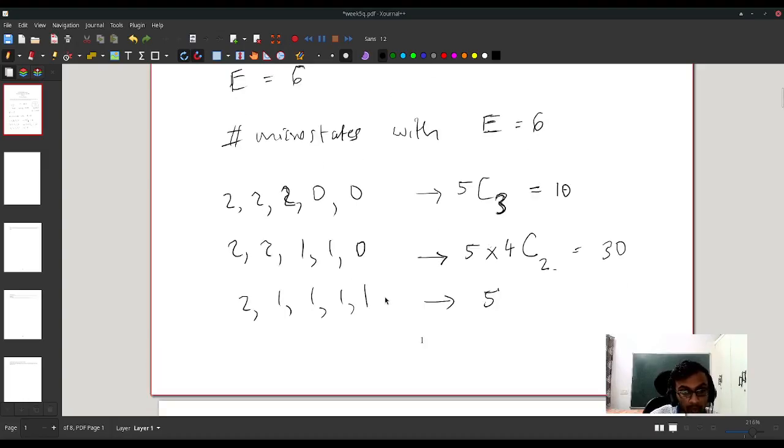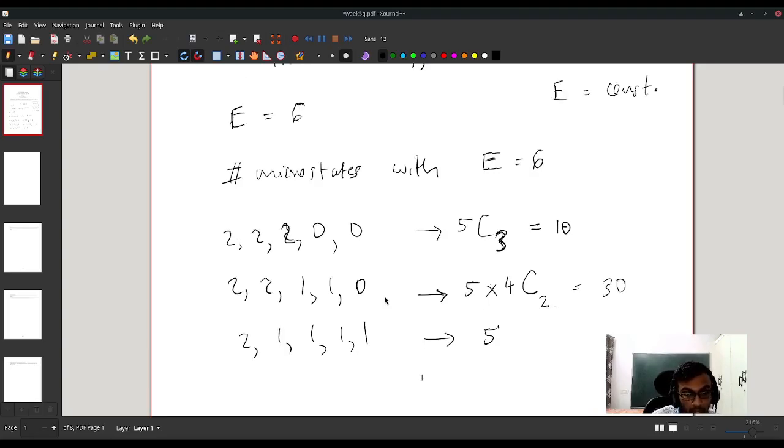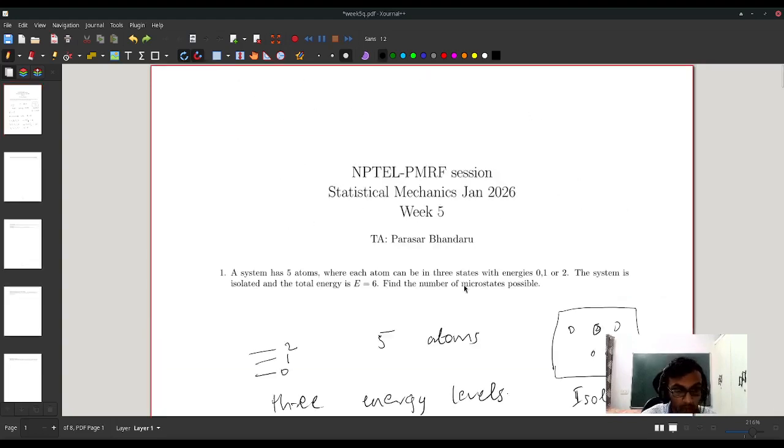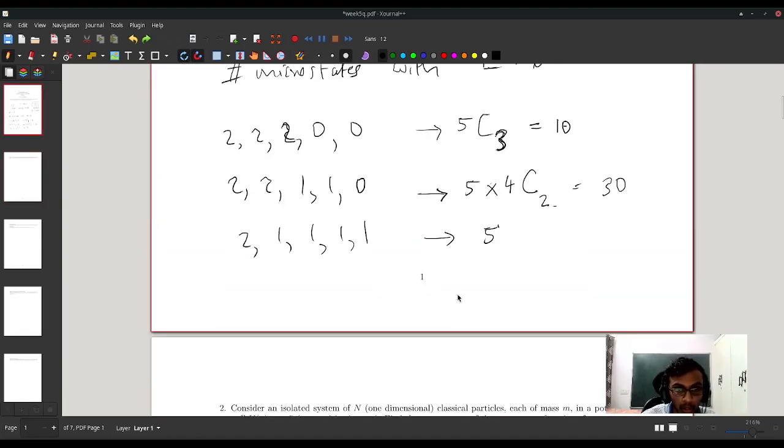So we have written all the possibilities. Okay, so if we total these, that would be 45. So the total number of microstates is 45.